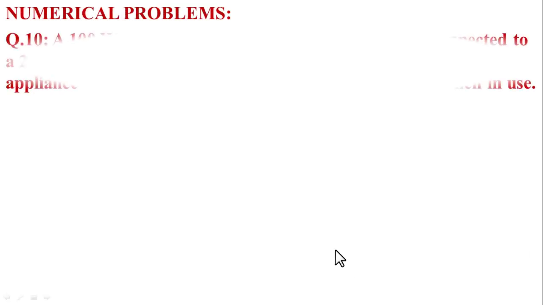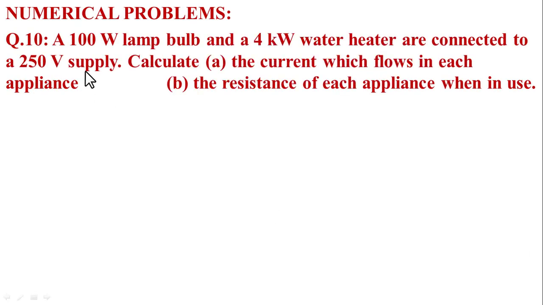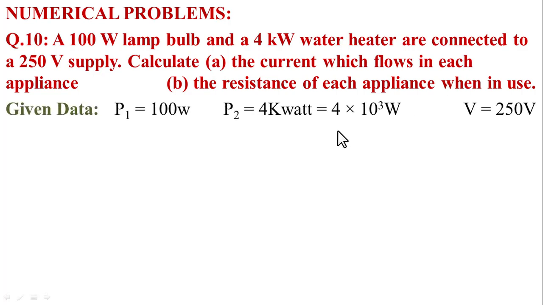Now, in numerical problem question number 10, given statement: A 100-watt lamp bulb and a 4 kilowatt water heater are connected to a 250-volt supply. Calculate the current which flows in each appliance and the resistance of each. Now we can write the given data according to the statement.